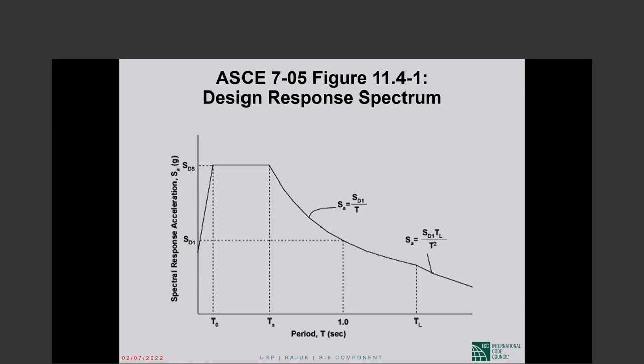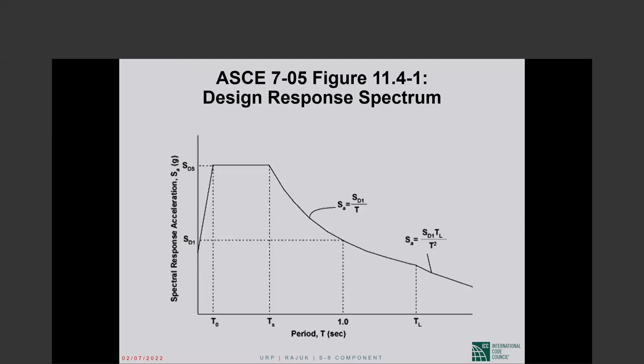So essentially, this is a plot of base shear versus period that we use as the basis of seismic design. We pick the base shear from here, and that is the strength level that we are building into our structure.